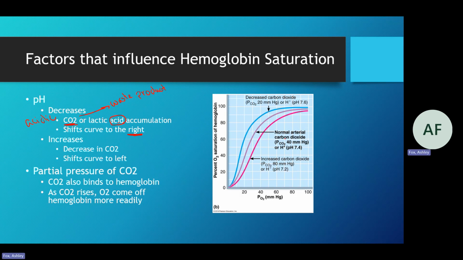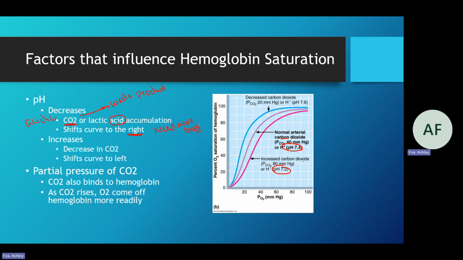So you have normal carbon dioxide levels. If you increase the amount of carbon dioxide, then you're going to decrease the pH. So look, 7.4 to 7.2. This means, again, that you're doing a lot of activity. So this is active tissues most often, and the tissues need more oxygen.